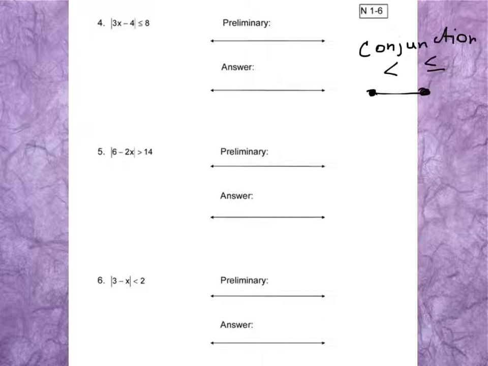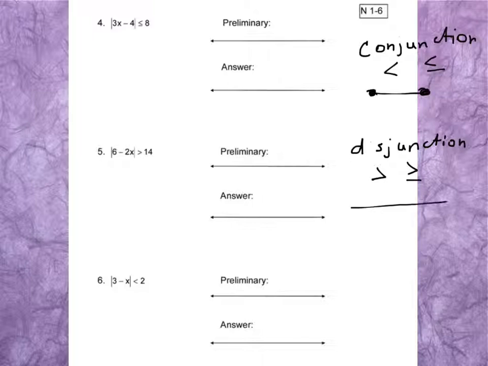If I have a disjunction, the symbol will be greater than or equal to, and when it graphs, you'll have your 2 points, and they could be open circles too, and then your shaded in area will be arrows that are pointing away from each other. So looking at our first one, you can see that the symbol here is a less than, so this one is a conjunction.